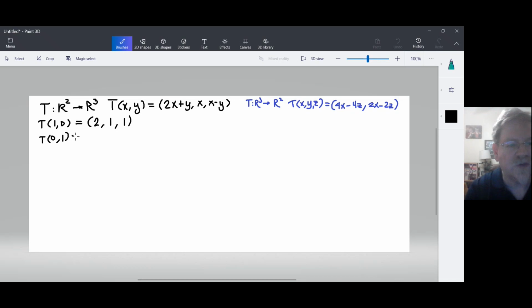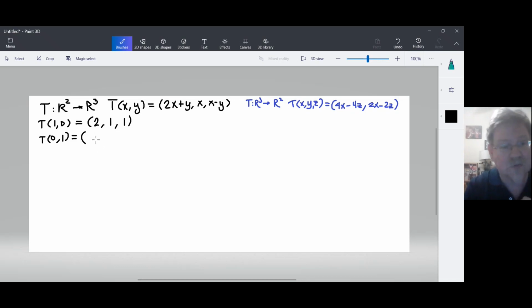And then we have (0, 1). Where does that get mapped? You might be wondering where I'm getting those two vectors, (1, 0) and (0, 1). Those are the standard basis for R2, and R2 is the domain of this transformation. So x is 0, y is 1.